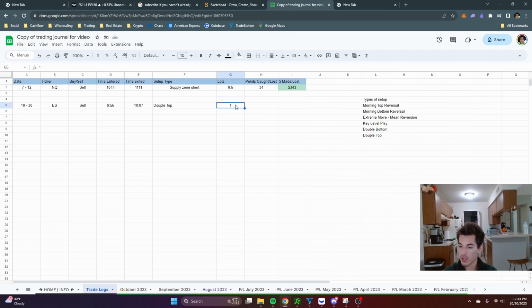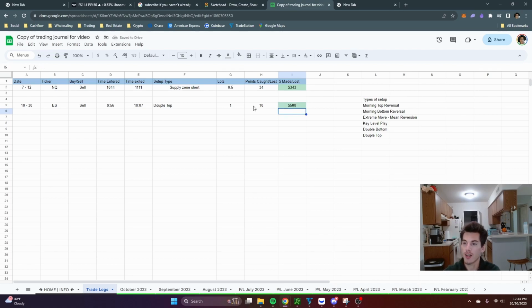If it's a full size, larger than 1, then that signifies that I'm trading minis. Points caught or lost: let's say I caught an easy 10 points on this trade. So boom, I'll put 10. And then amount made or lost. Obviously, do the math. That would be $500.